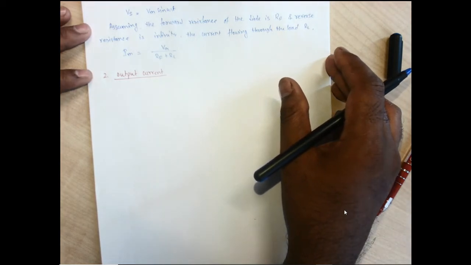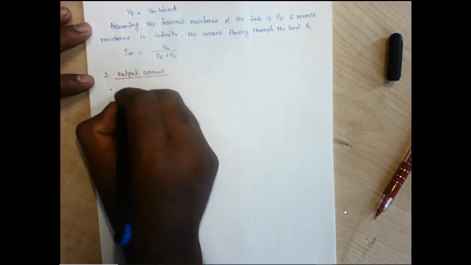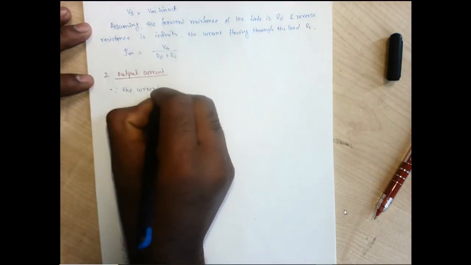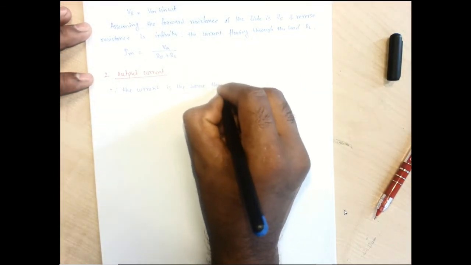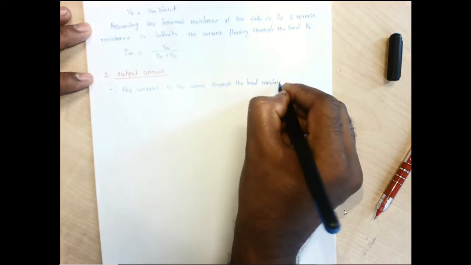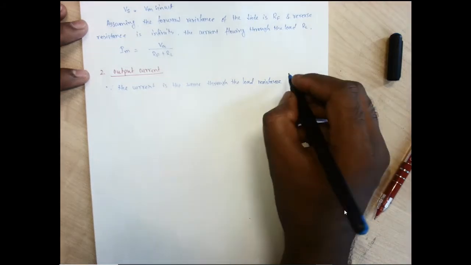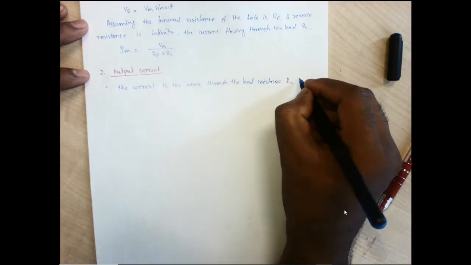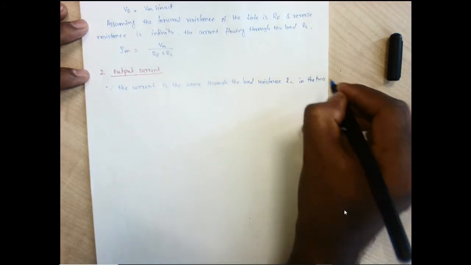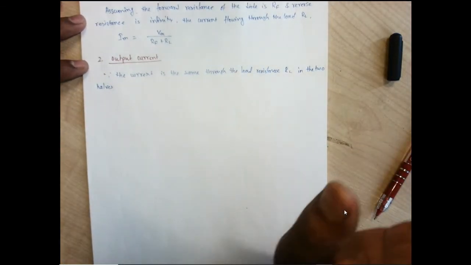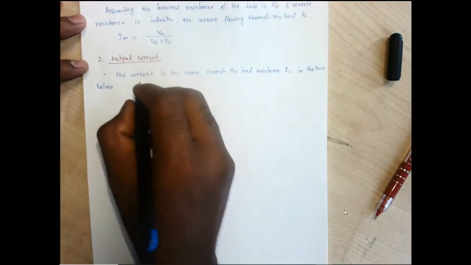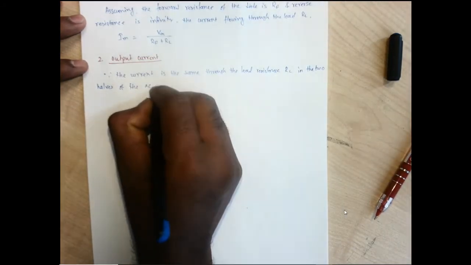So since the current is the same through the load resistance RL in the two halves, we have considered D1 for the first half and D2 for the second half of the AC cycle.